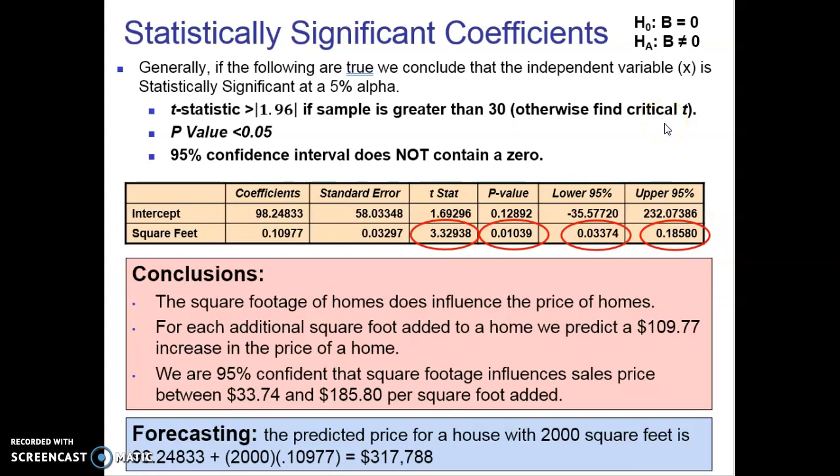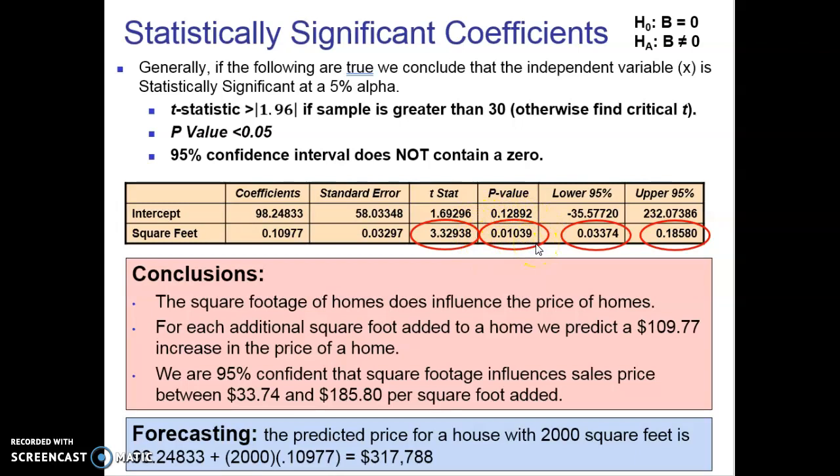Okay, the next way of assessing whether you have a statistically significant coefficient is the p-value. The p-value is revealed in our data here.